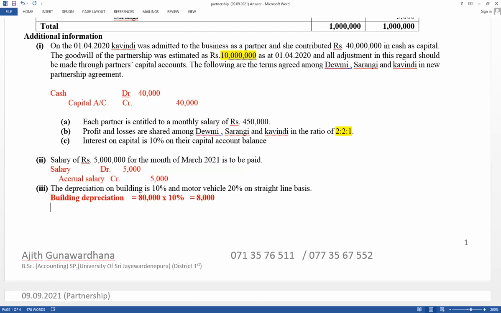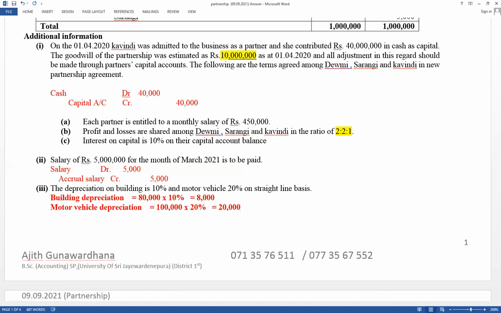Let's try to calculate motor vehicle depreciation also. Motor vehicle depreciation. Motor vehicle cost value equal 100,000 and percentage it is given 20%. Therefore, think motor vehicle depreciation equal 20,000.